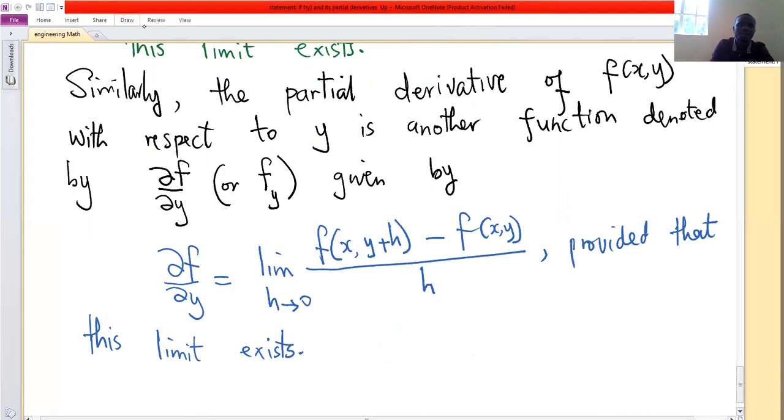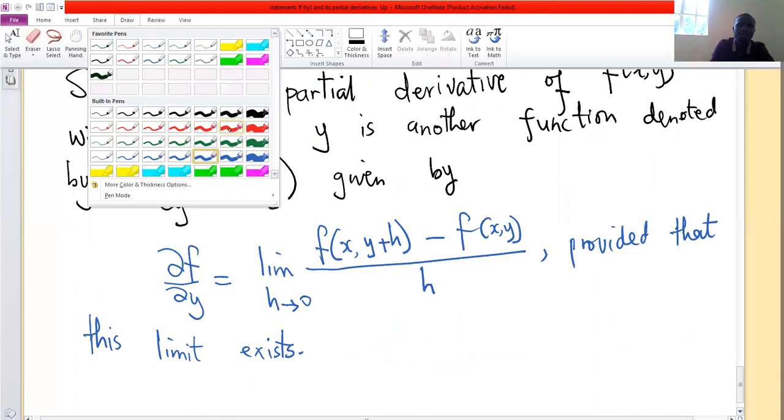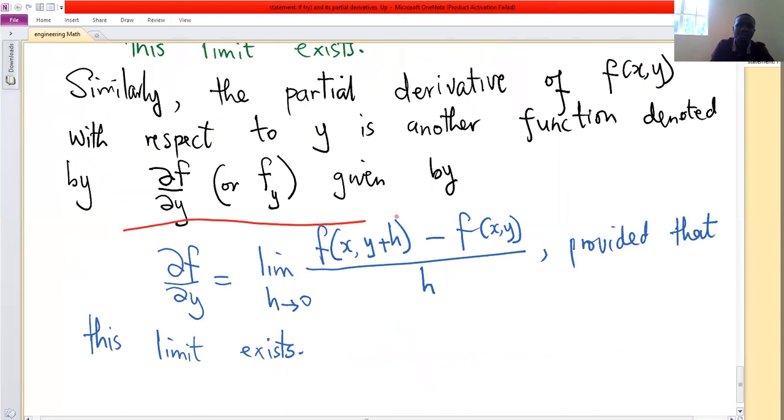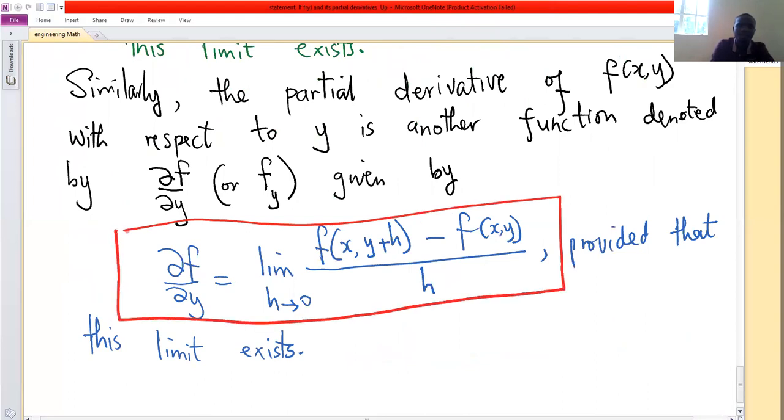So this is the definition of the partial derivative of a function f of x, y with respect to y.